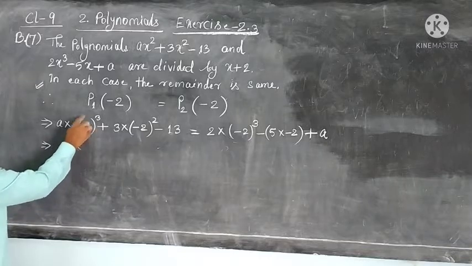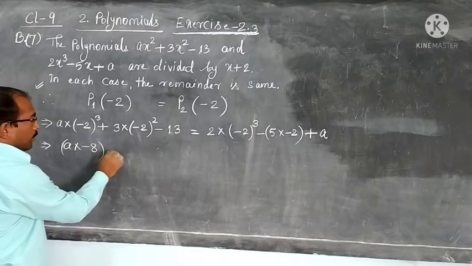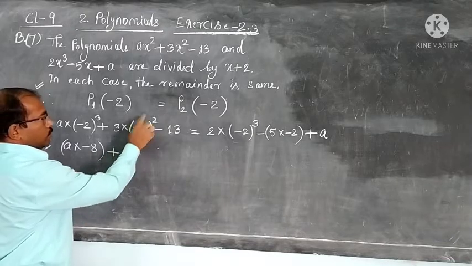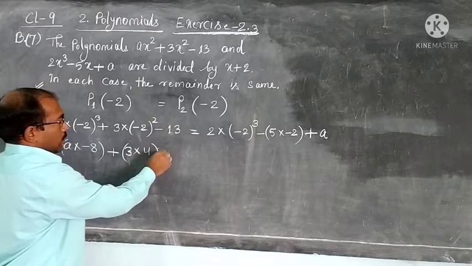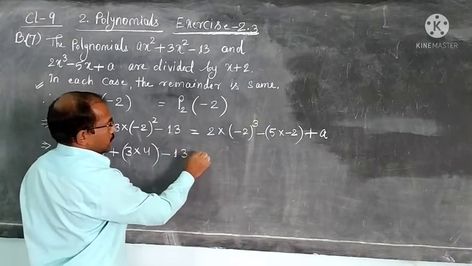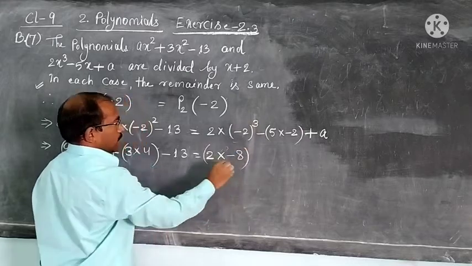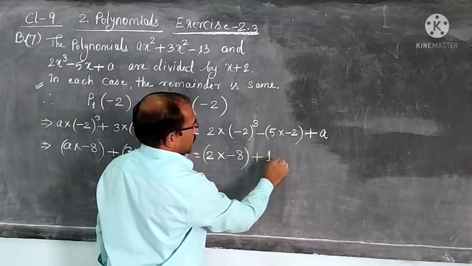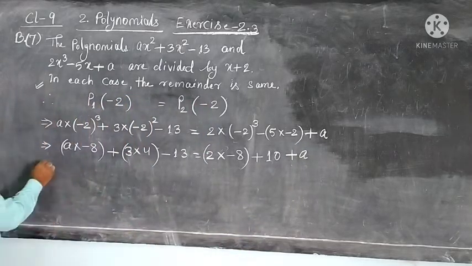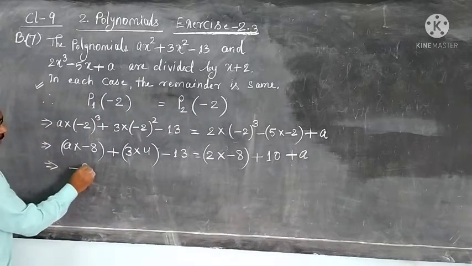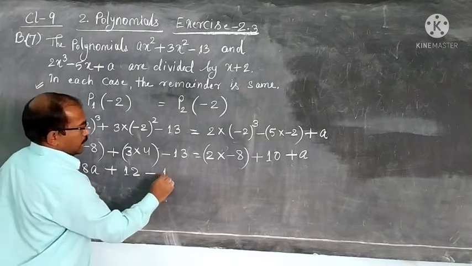a into minus 2 cube is minus 8, plus 3 into minus 2 square. We know that when the power is an even number, it will be positive, so 2 square is 4, minus 13, is equal to 2 into minus 2 cube, that is minus 8, minus minus plus 5 twos are 10, and then plus a. We go on simplifying. a into minus 8 is minus 8a, 4 threes are 12 minus 13.